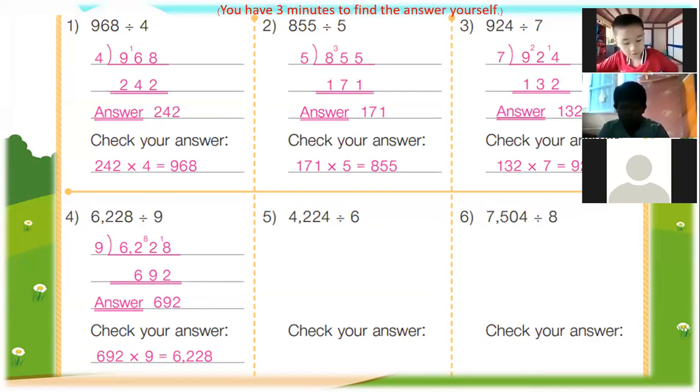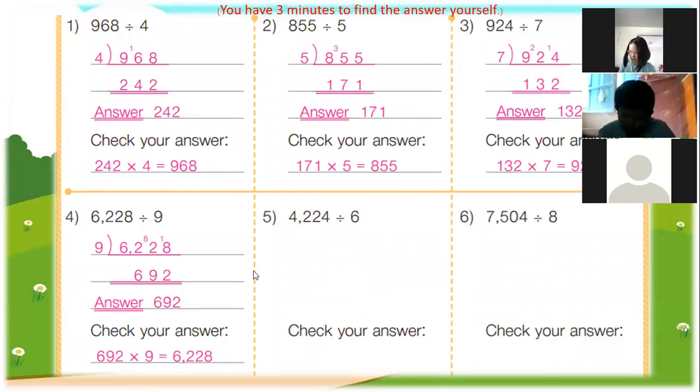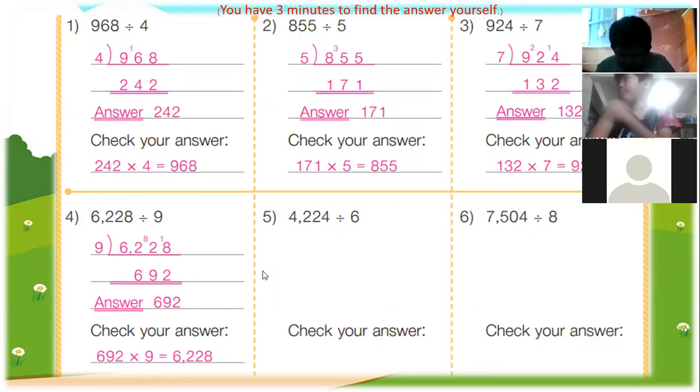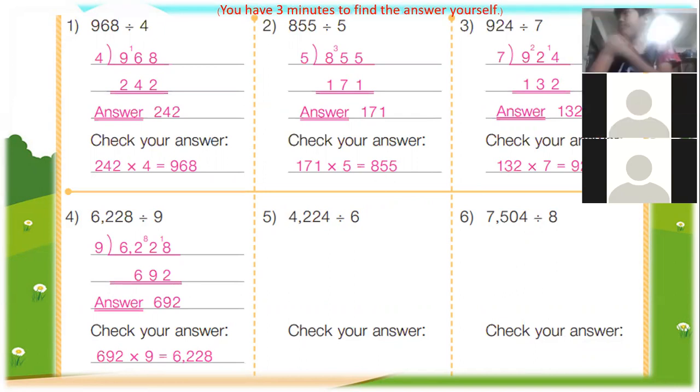Pantong. Anton. Your answer, please. Question number 5. 4,224. Again, please. All right. Anyone else? Nana, what's your answer for question number 5? Nana, can you hear me? Question number 5. What's your answer?